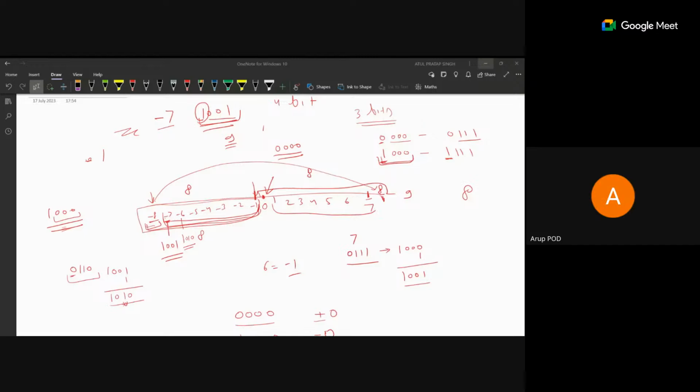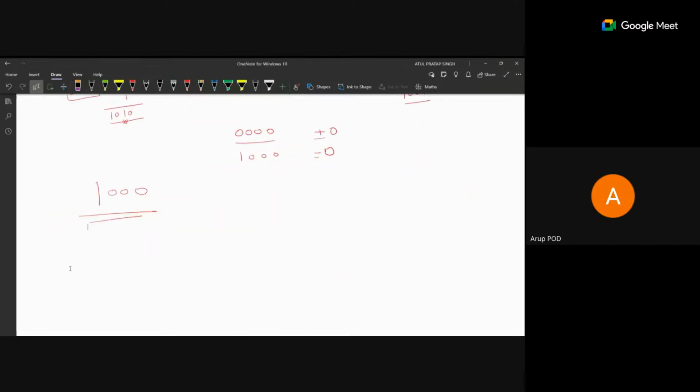For sign it is negative, and for magnitude it is 1 followed by 7 zeros, because the 2's complement of 1 then 7 zeros is 1 then 7 zeros only. So the magnitude is 256, 2 to the power 8. It's a minus 256, which we were not considering in the previous sign bit convention. So that is the extra value we are getting here.